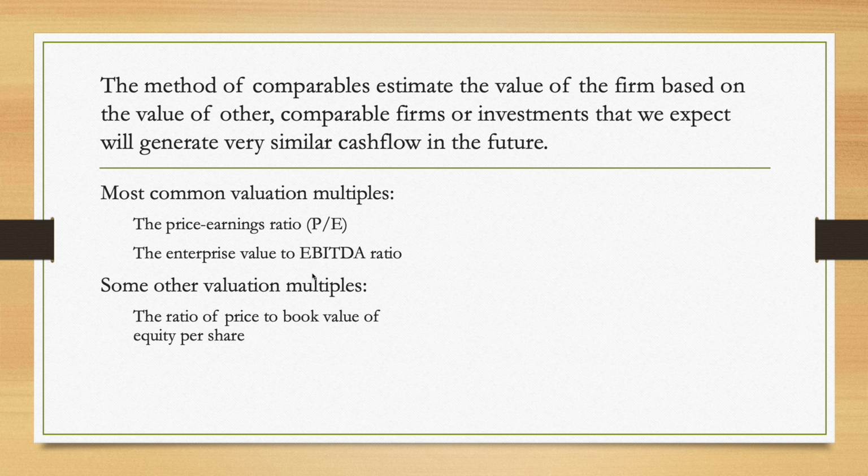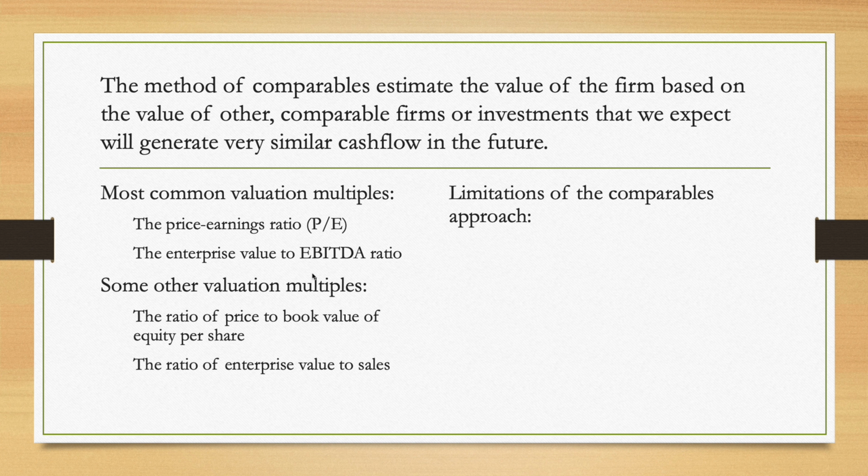For example, if the firm has substantial tangible assets, then one can use the ratio of price to book value of equity per share. And if it is reasonable to assume that the firm will maintain similar margins in the future, then the ratio of enterprise value to sales could be useful.